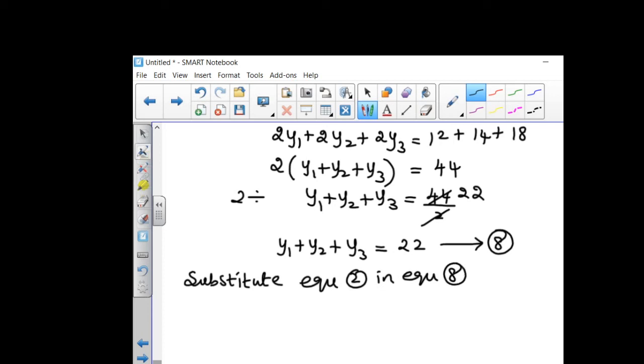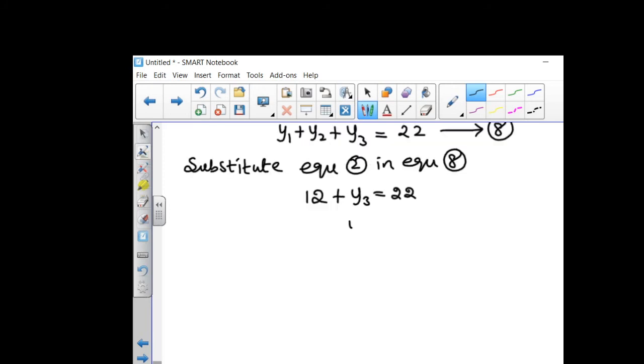Okay? The second equation has to be substituted in 8. What is our second equation? y1 plus y2 is equal to 12. So 12 plus y3 is equal to 22. So what about the y3? y3 is equal to 22 minus 12. You will get 10. Therefore y3 is equal to 10.